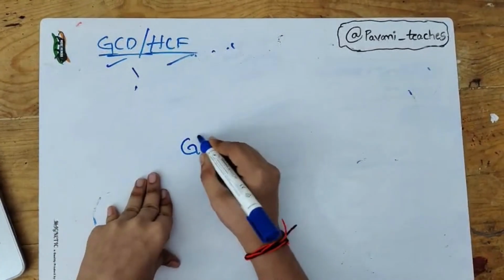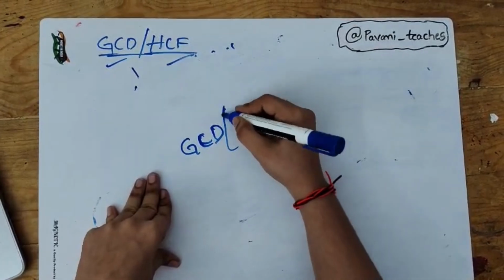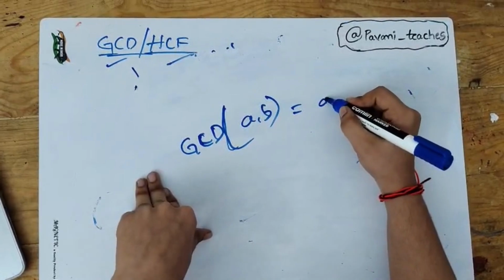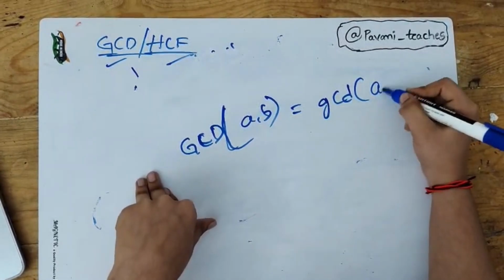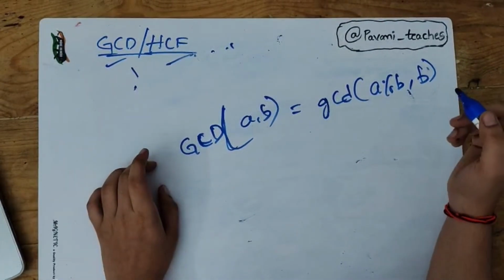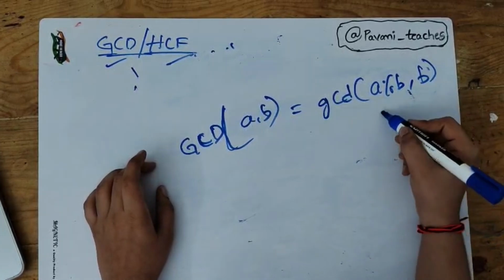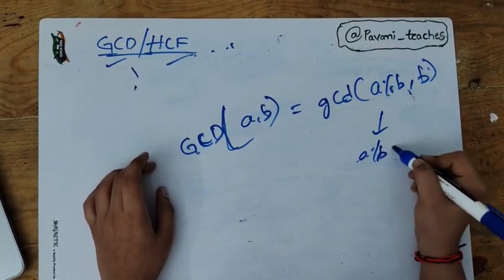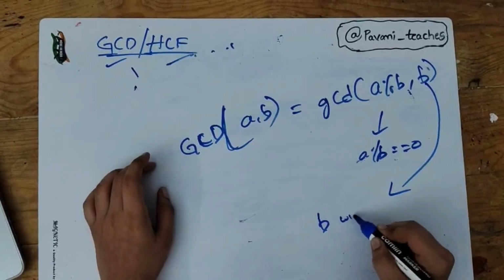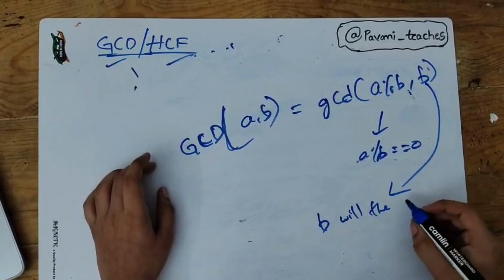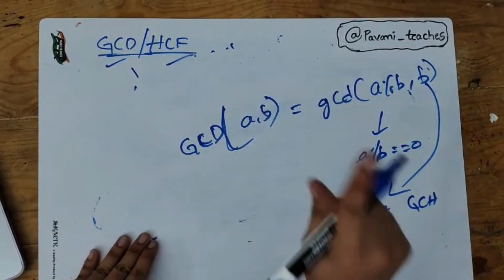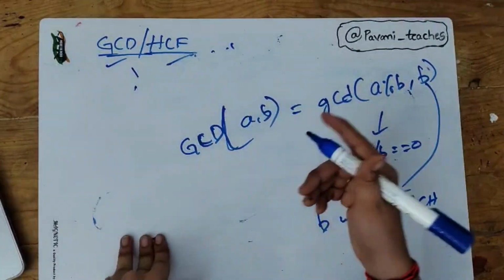That is GCD of A comma B equal to GCD of A modulo B comma B, where when this A modulo B becomes 0, then B will be the GCD. I'll explain how it works. The previous one takes a little more complexity.